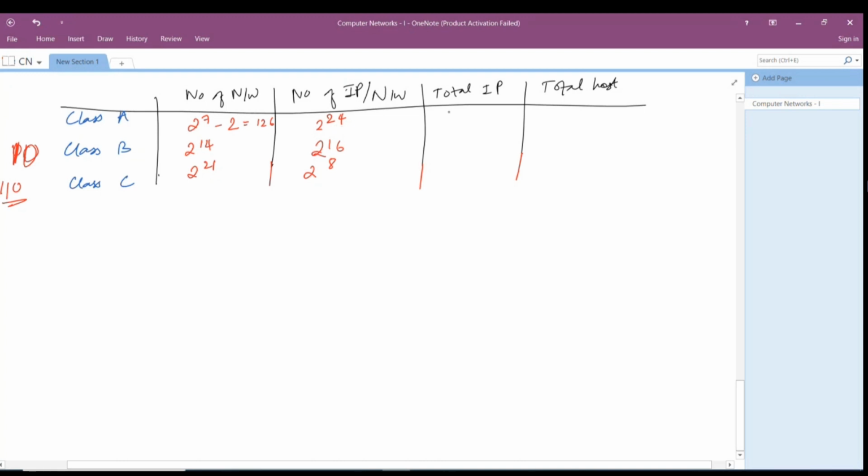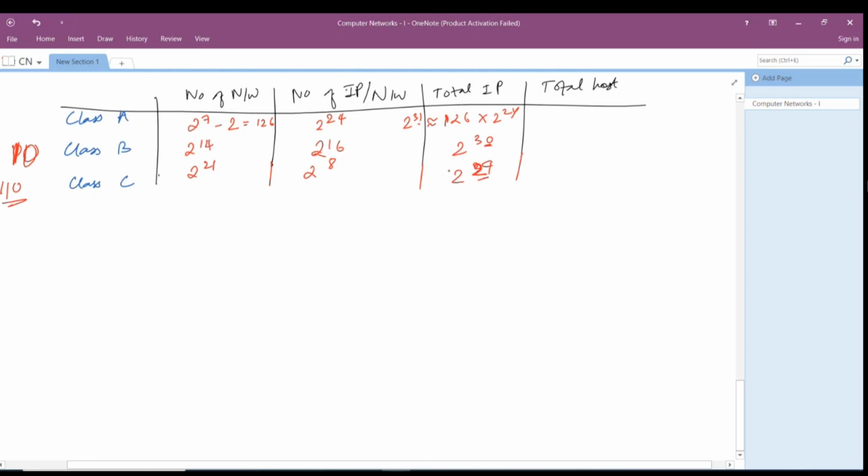If we multiply these, it will be 2 to the power 31, 2 to the power 30, and 2 to the power 29, because we are reserving the bits, right?